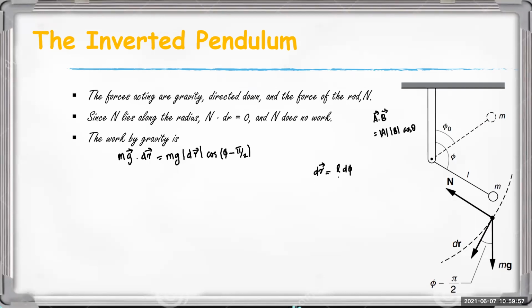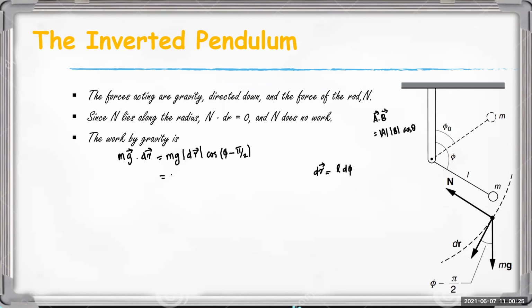It is from the concept that angle is equal to arc by radius. dr is the arc divided by L, that must be the small angle d phi. For any small angle d phi, dr must be equal to L d phi.